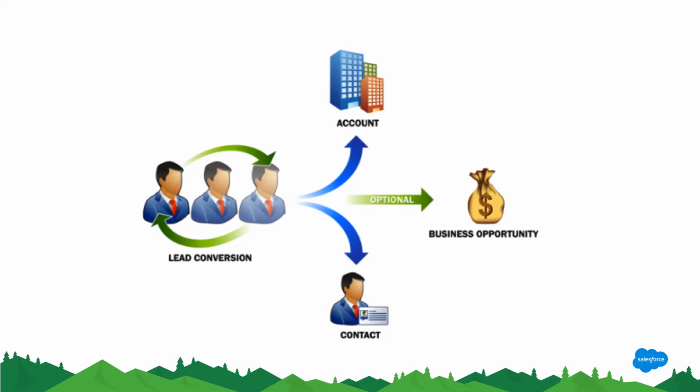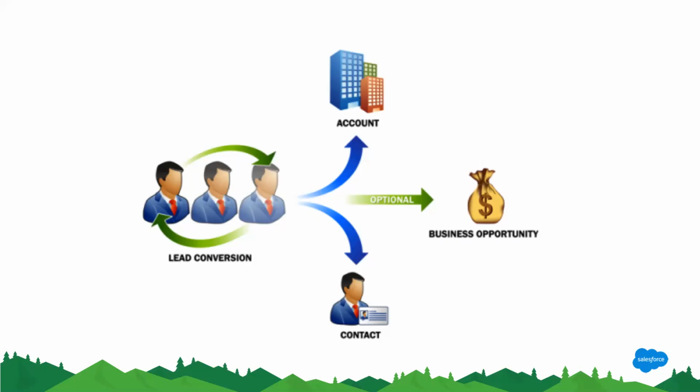Likewise, your personal information from that particular lead record will go to the contact record. So the contact is going to be created with the information from the lead record which is mapped with the contact: the first name, last name, email, phone number, address, those kinds of information.